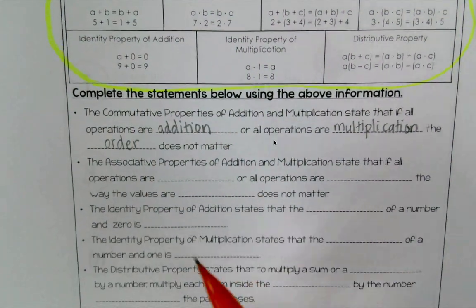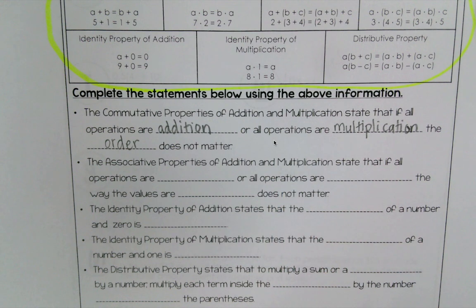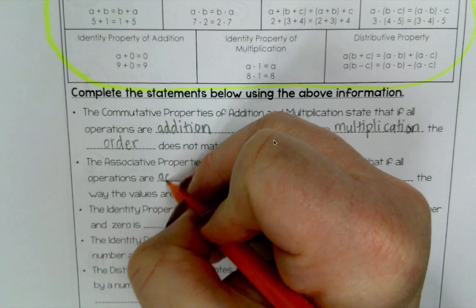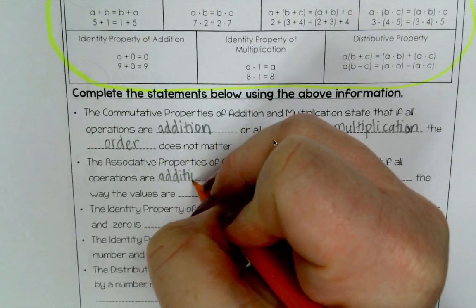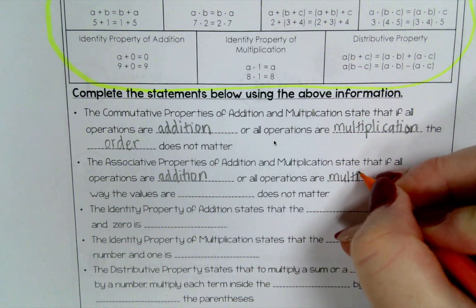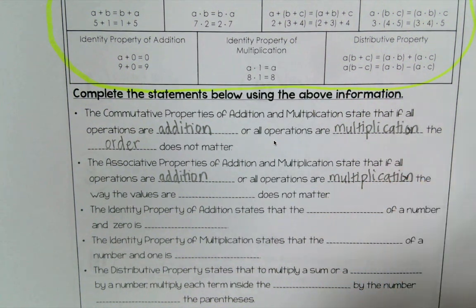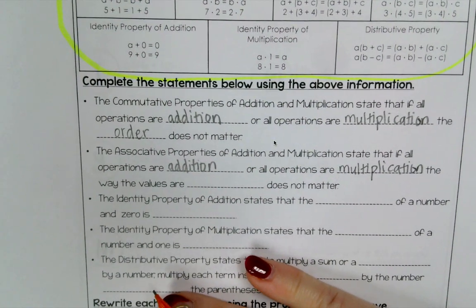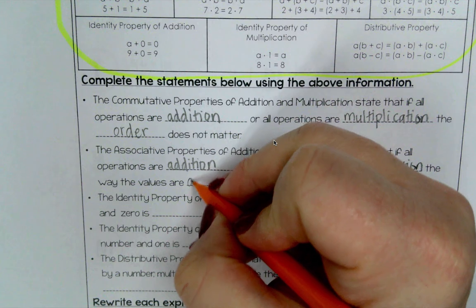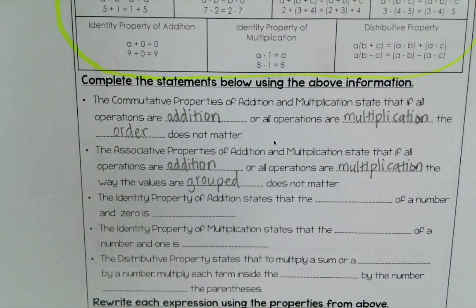Now, the associative properties of addition and multiplication state that if all operations are addition or all multiplication, the way the values are grouped does not matter.